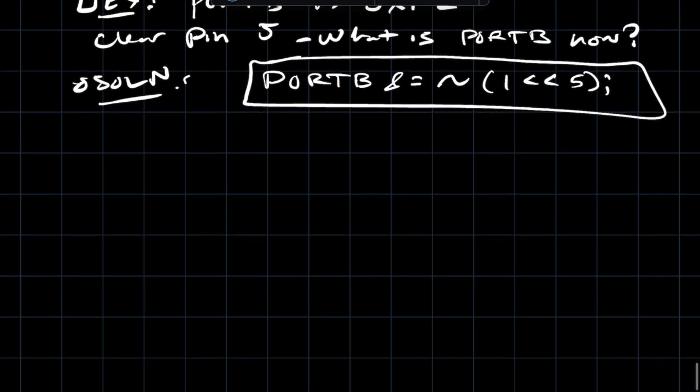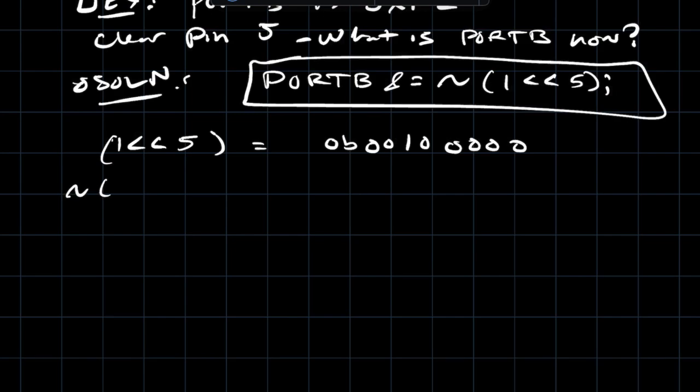And then we're just doing the math out here. So first let's write the bit mask out. It's equal to 0B 0, 0, 1, 0, 0, 0, 0, 0. And if I take the bitwise NOT of this, it's going to be 0B 1, 1, 0, 1, 1, 1, 1, 1.